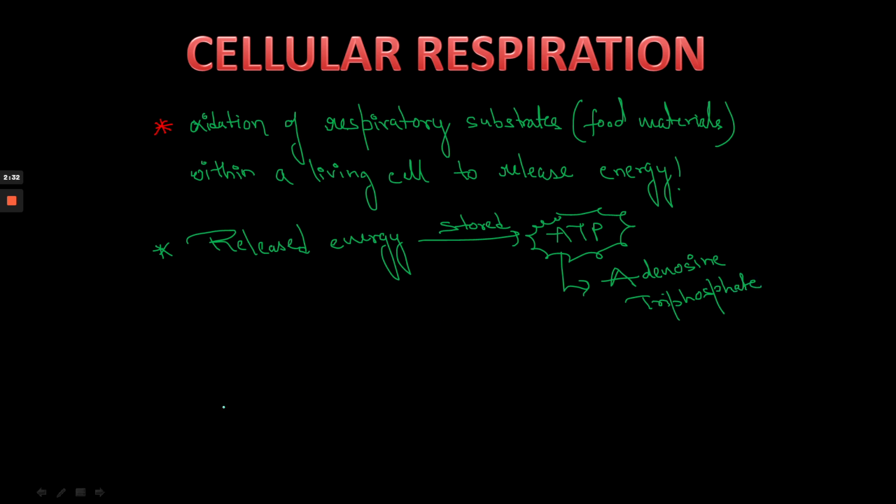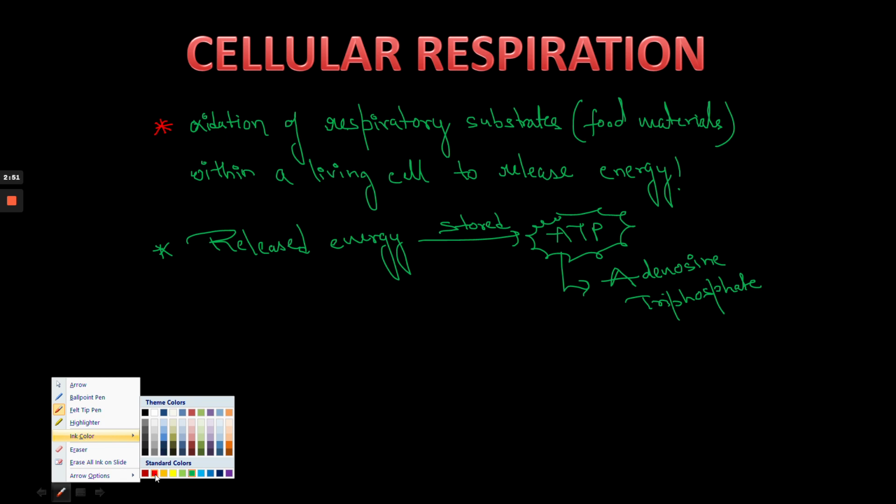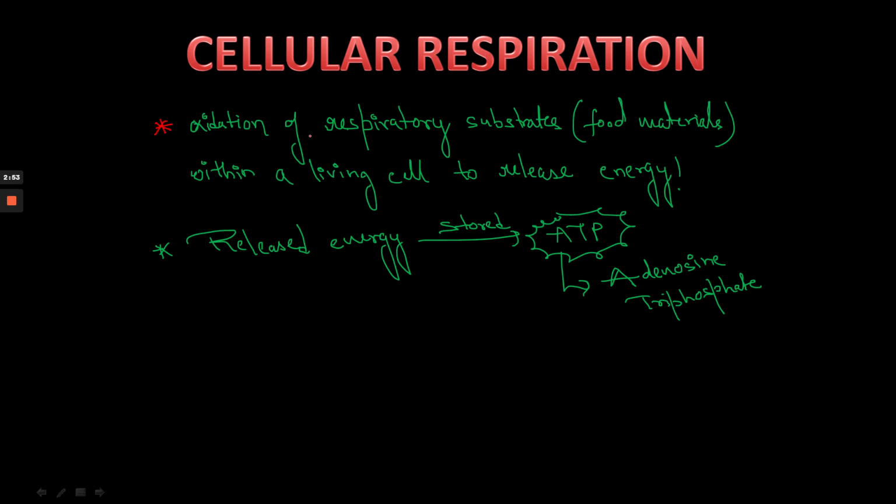Then also the whole process is actually a gradual process. It is not just a one step process. It occurs in a lot more than one step, and it is a complex process that we will see soon in upcoming videos.